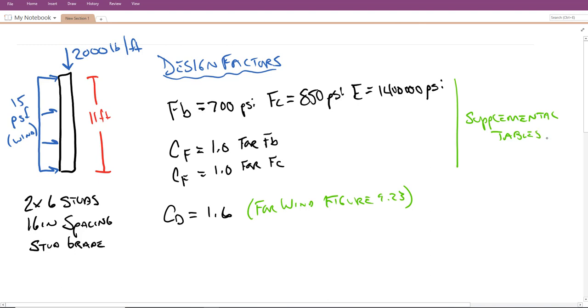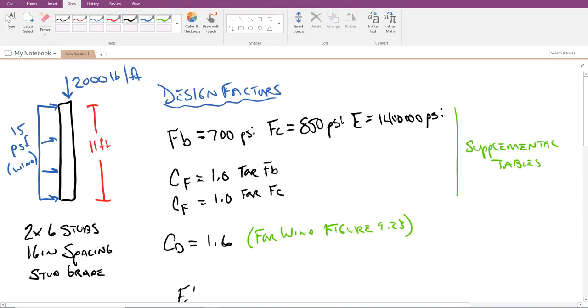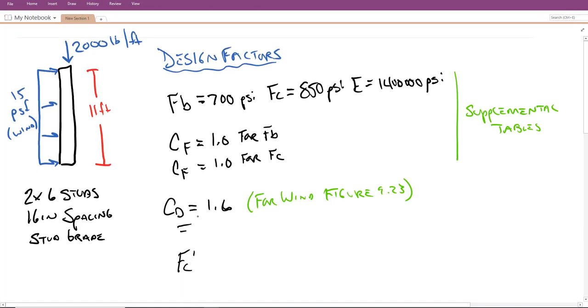Okay. We are ready to start solving this problem. I'm going to erase, and then we'll break it down into a 4-step process where we want to solve the following terms. We want to find the allowable compressive stress and adjust it.